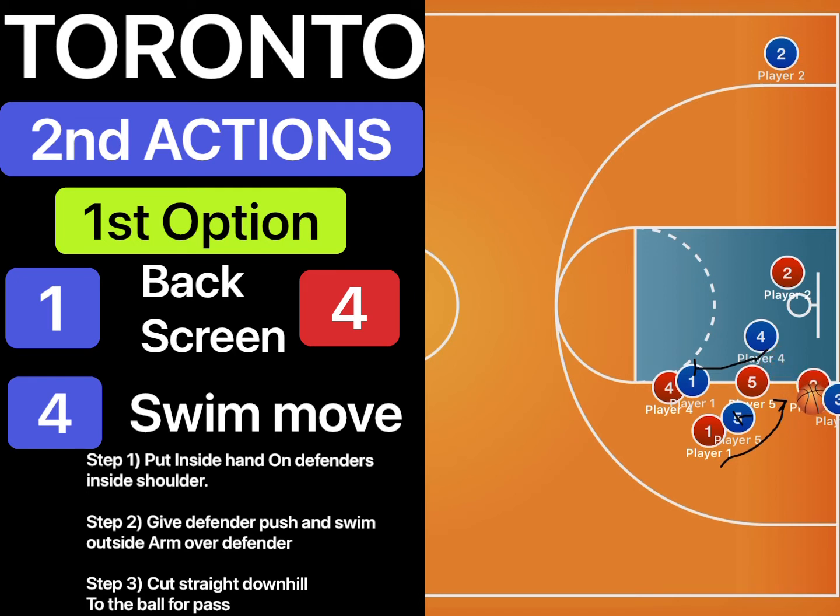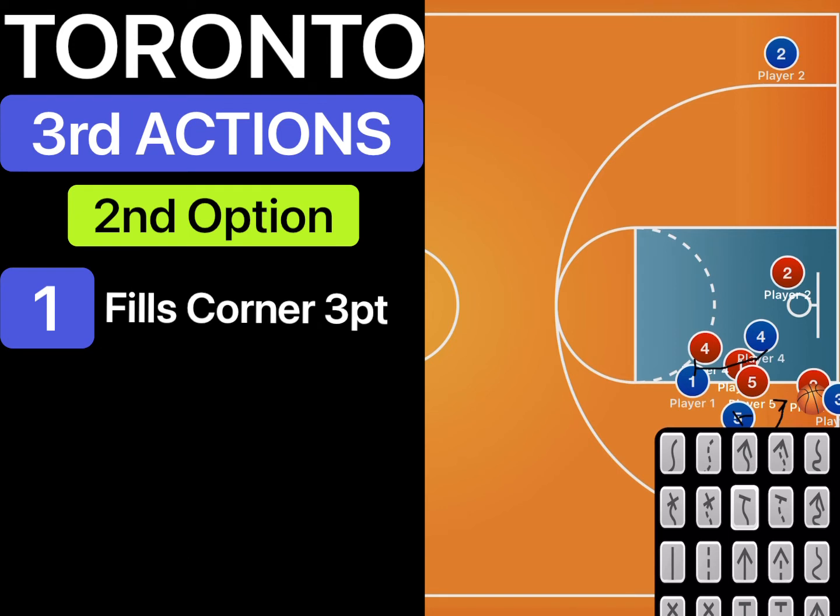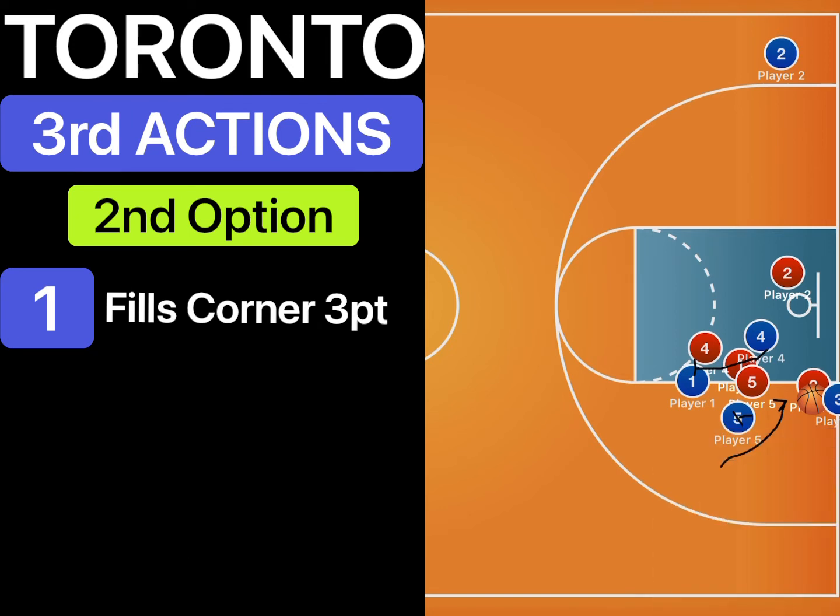If that's not there, now one's check probably did a job of following. Okay, and four might have left as well and followed as well. Now, one is going to fill the corner for a 3-point attempt right here.